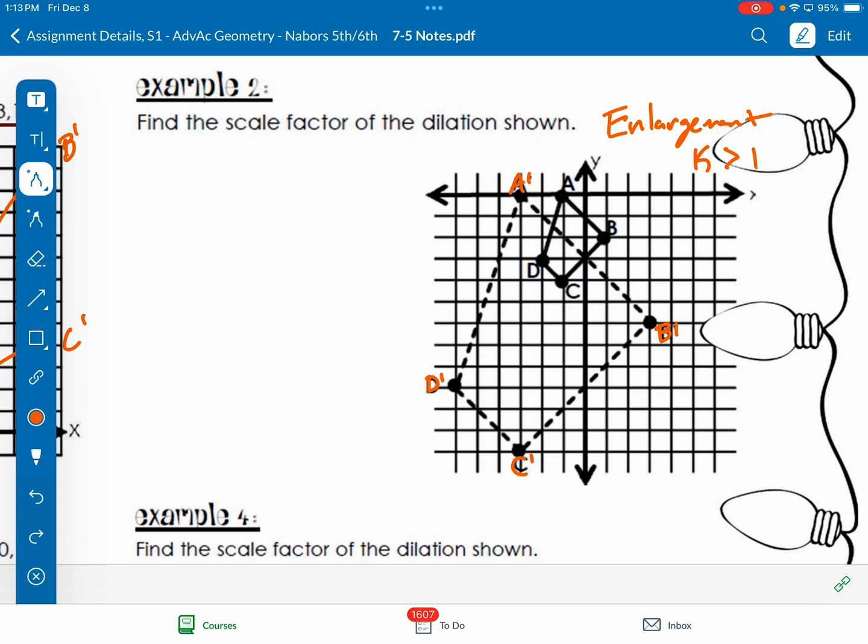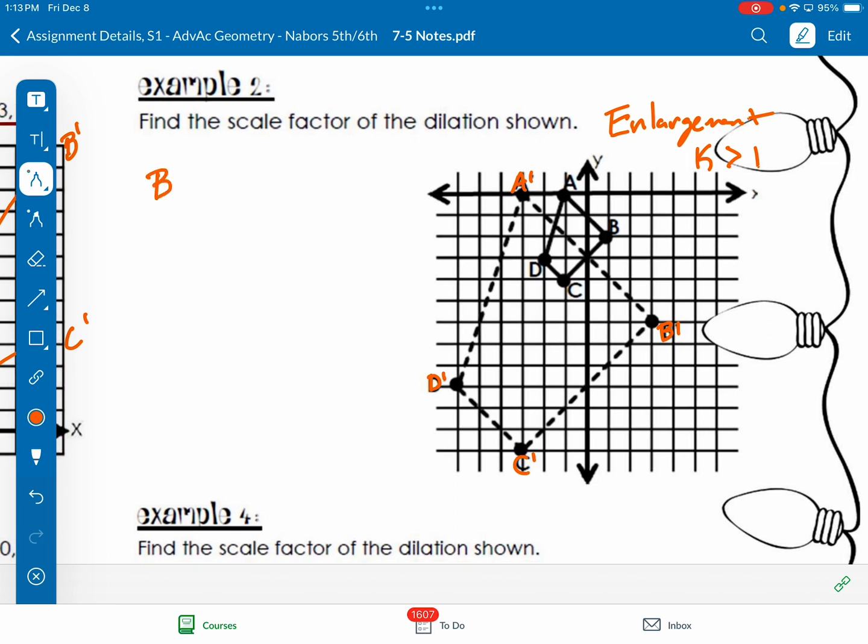So let's just take B and B prime. The ordered pair for B is what? 1, negative 2. And the coordinate for B prime would be what? 3, negative 6.